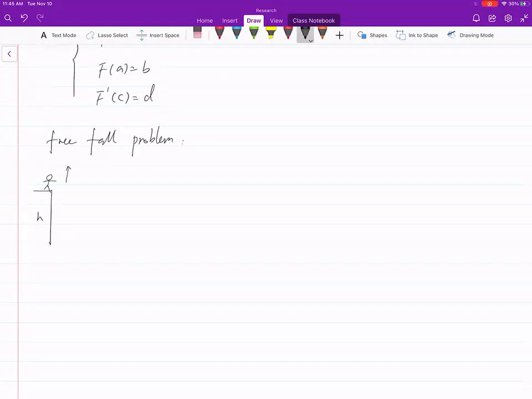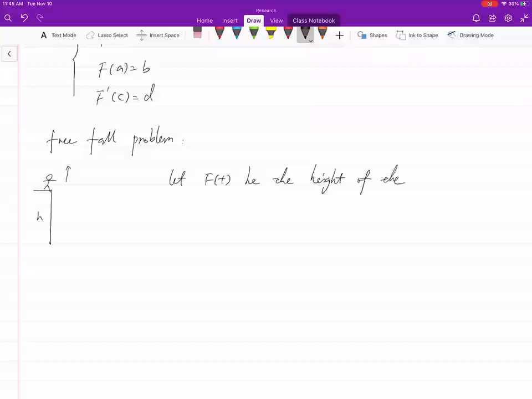You don't have to anymore. You just let f(t) be the height of the rock. So it first goes up, then goes down. Eventually your height becomes zero.